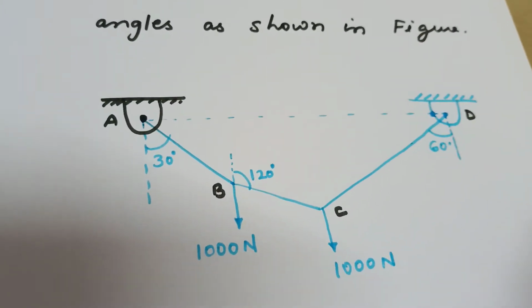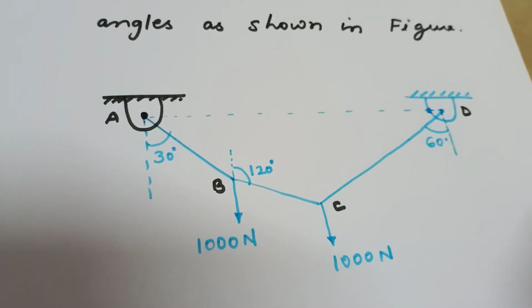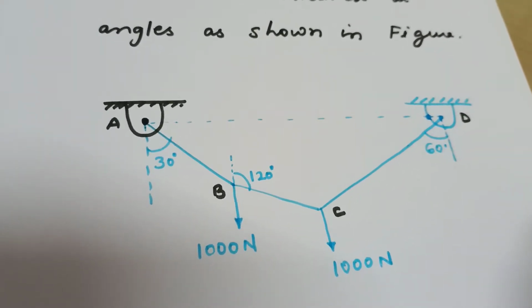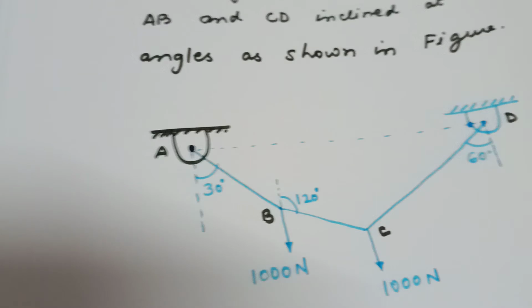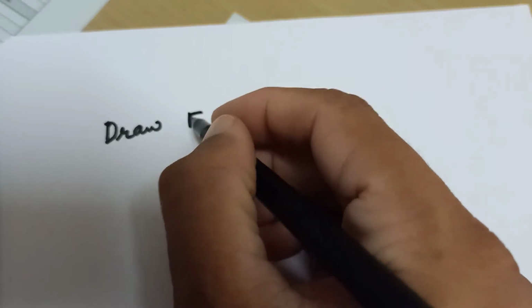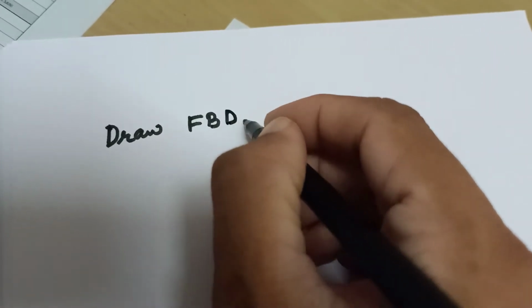So what we have to find out? We have to find out the tension in the strings, right? So to find out the tension in the strings, what we have to do? We have to use the free body diagram. So the first step is to draw the free body diagram.